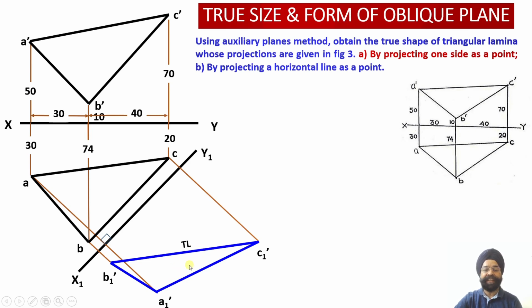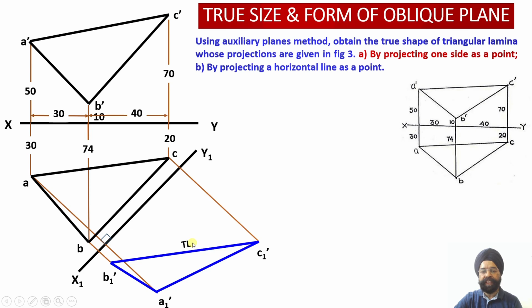Since this auxiliary plane was drawn parallel to the edge BC, in the auxiliary view, out of this total lamina projection, there is a special characteristic for the line B1 dash C1 dash. Because BC was parallel to X1 Y1, B1 dash C1 dash happens to be the true length of the line.